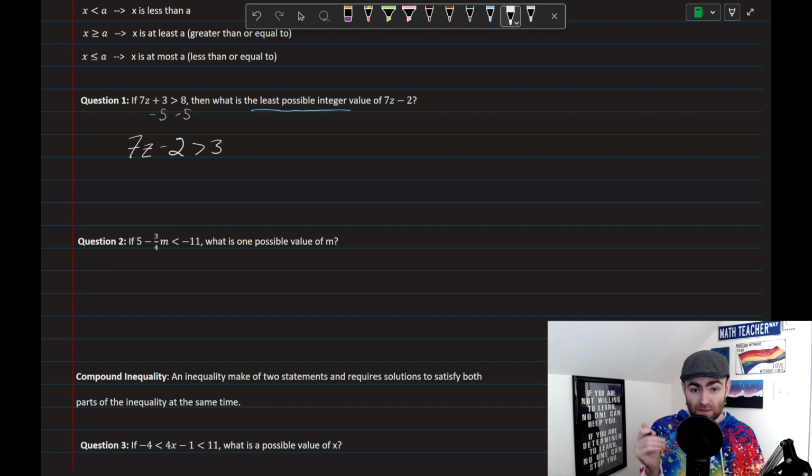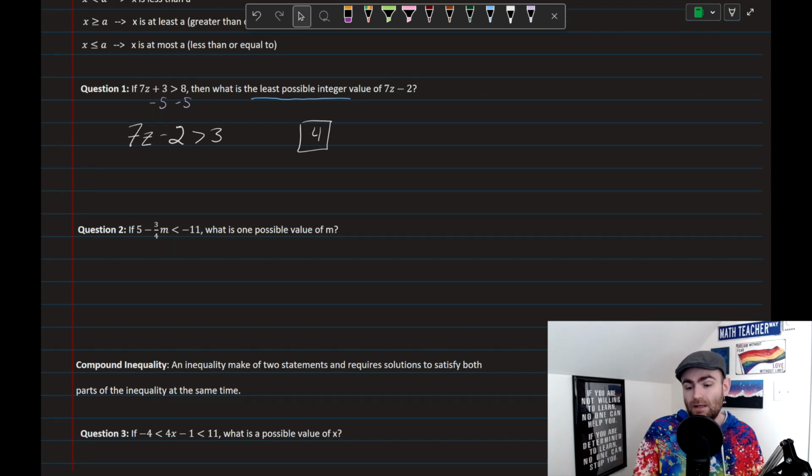We want the smallest. Integer is a whole number, positive or negative, and we can't use 3 because it needs to be strictly greater than 3, so we can use 4, and that would be the least possible integer value. So keep in mind, especially for standardized tests, you're not exactly solving for the variable all the time. You might be solving for an expression.